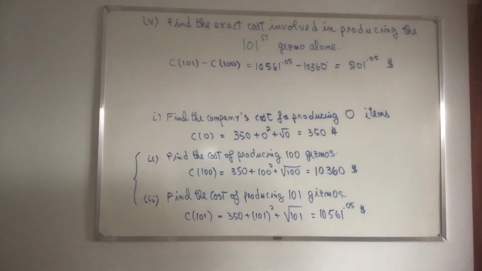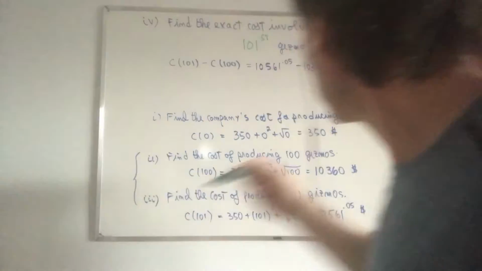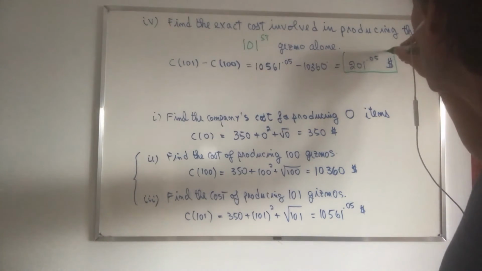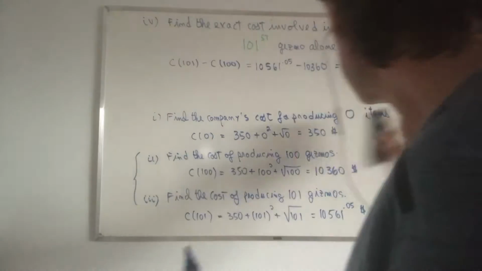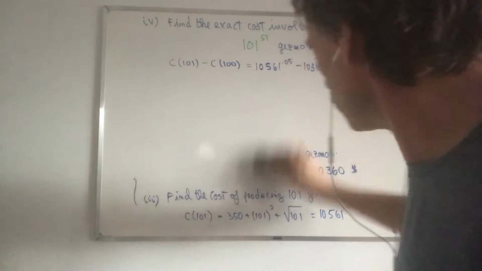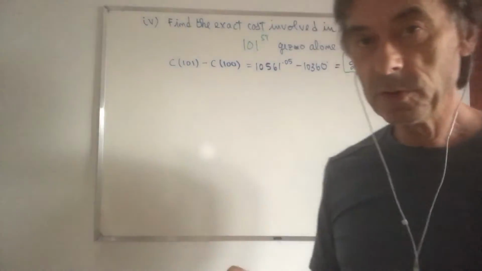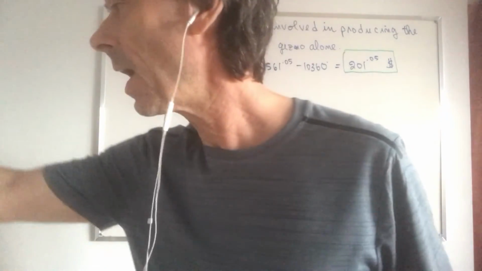Okay. So what is this? This actually is precisely what it would cost me to do. So let's interpret that with the sentence. This is what it would cost us to do if I wanted to produce one more item once I have produced already 100. In other words, the 101st item.